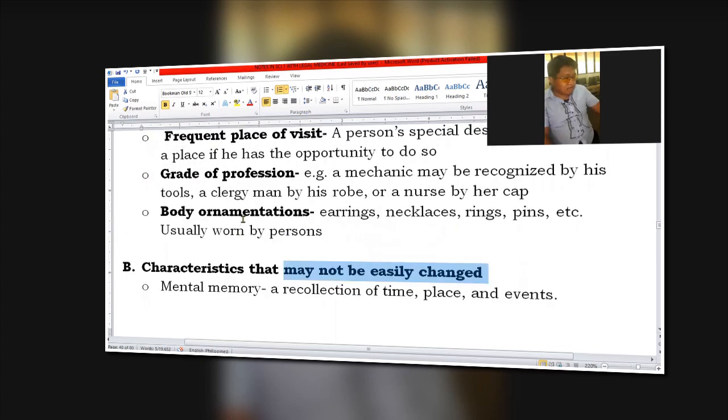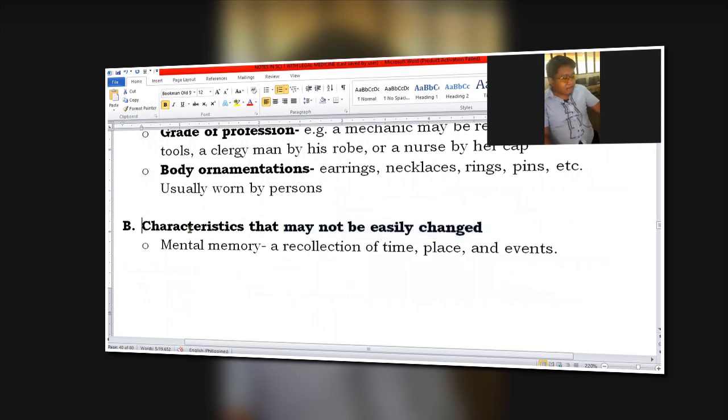Frequent place of visit, you can also change that. So these are the characteristics that we can use to identify someone living who may be a suspect, that are not easily changed. Number one is mental memory.